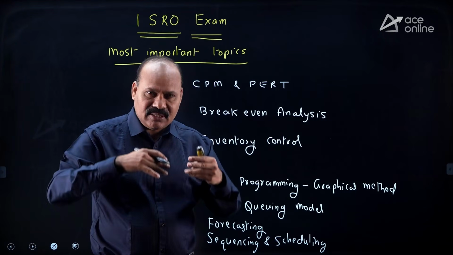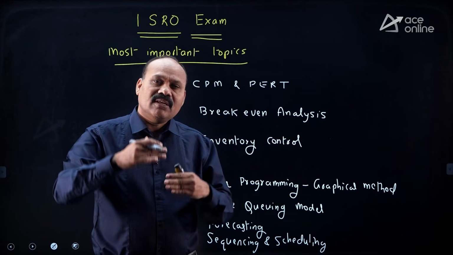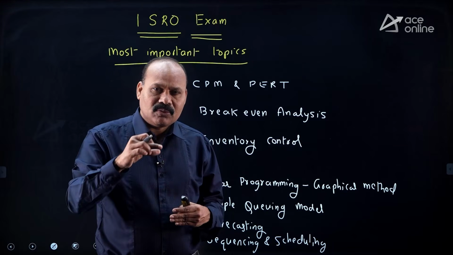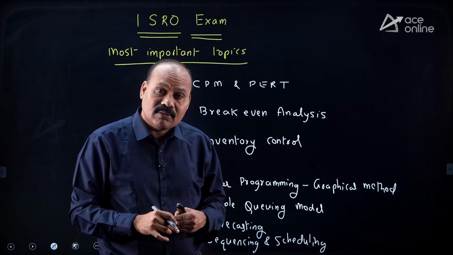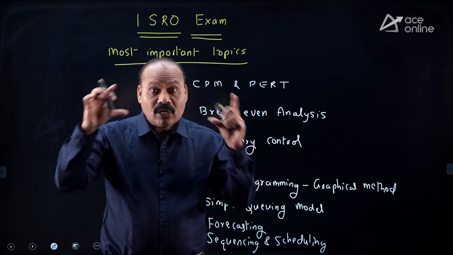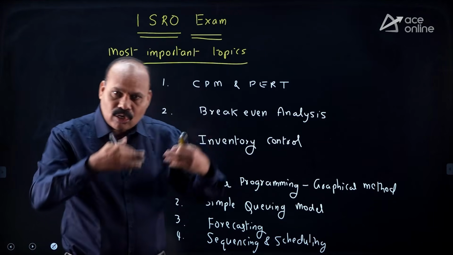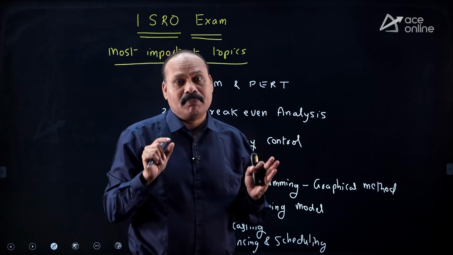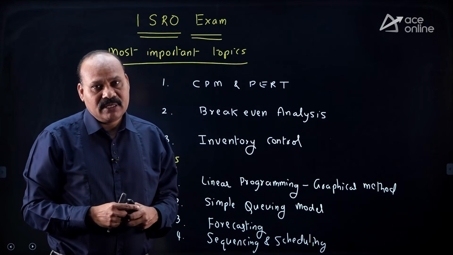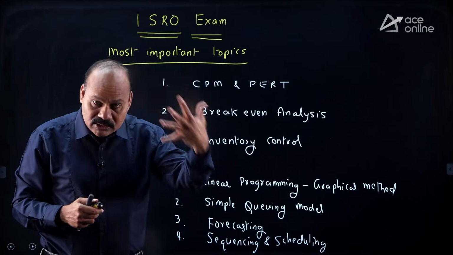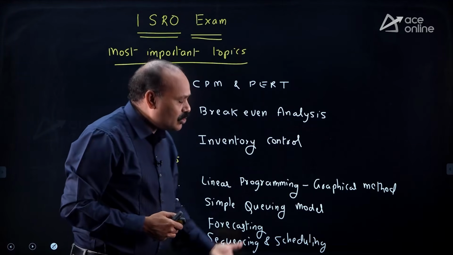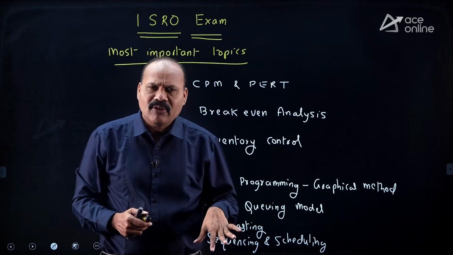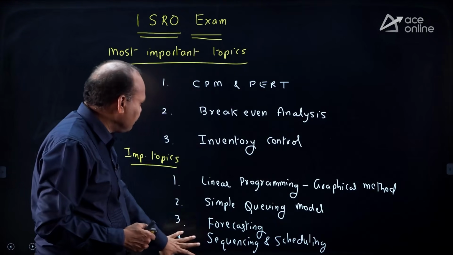I cannot say it is equivalent to GATE, but at GATE level only, they take 1 mark questions and very simple questions. As for model questions, I cannot say they are copying as is, but similar kinds of questions we can expect in the ISRO paper. So my suggestion is to refer to previous question papers. You can find many questions from these headings.